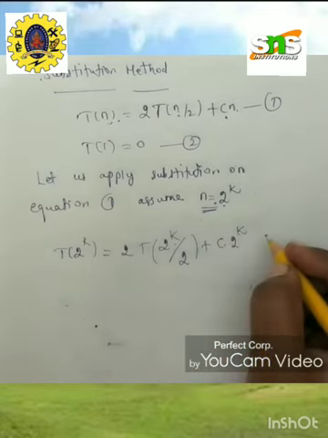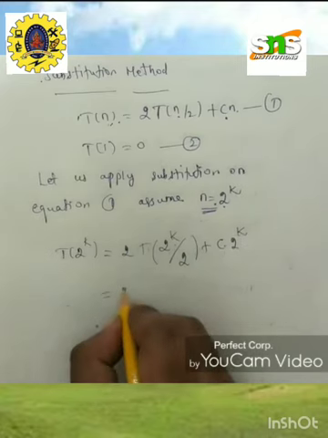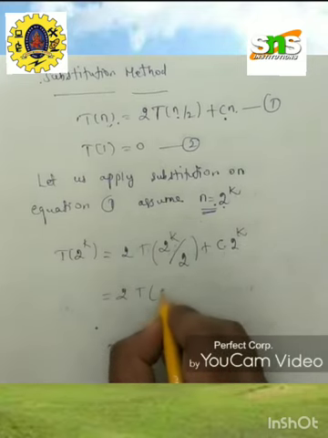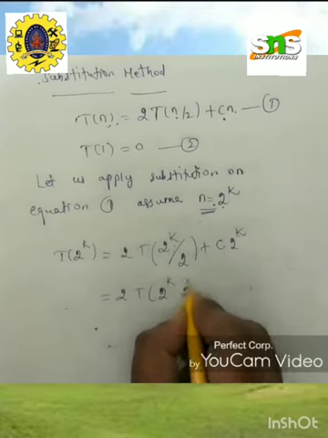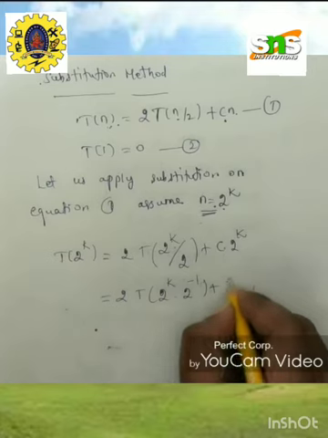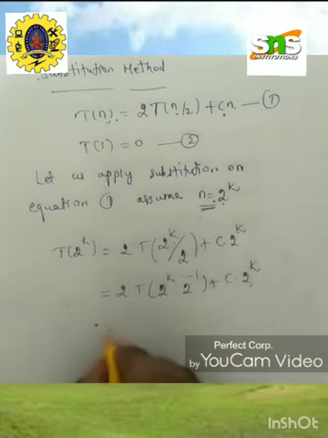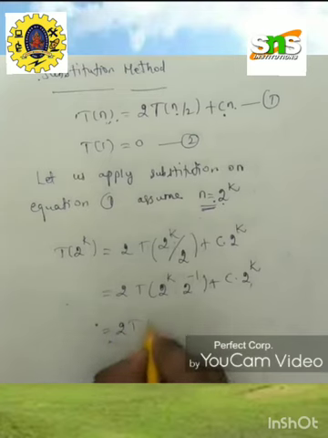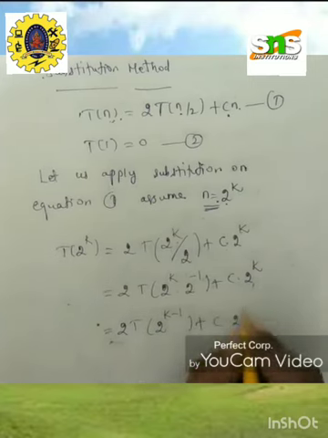Now we simplify: 2 into T of 2 power k divided by 2 is written as 2 power k minus 1, plus c into 2 power k. Again simplifying, we can join these two: 2 into T of 2 power k minus 1 plus c times 2 power k.